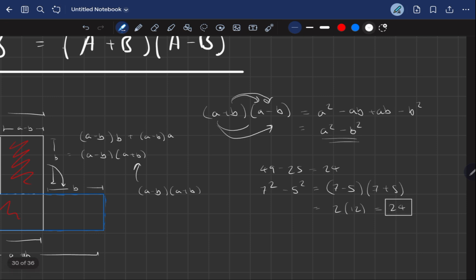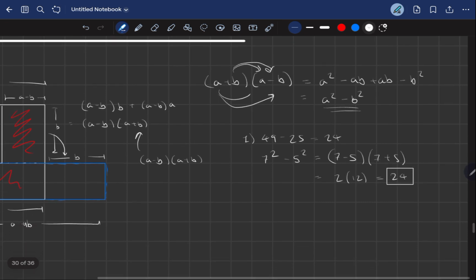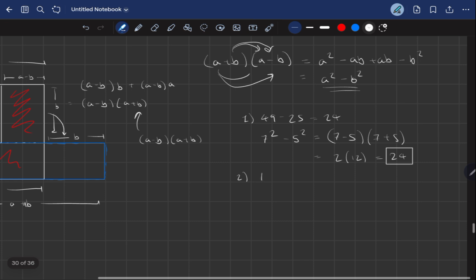Okay, let's go over another example. 10,001 squared minus 9,999 squared.